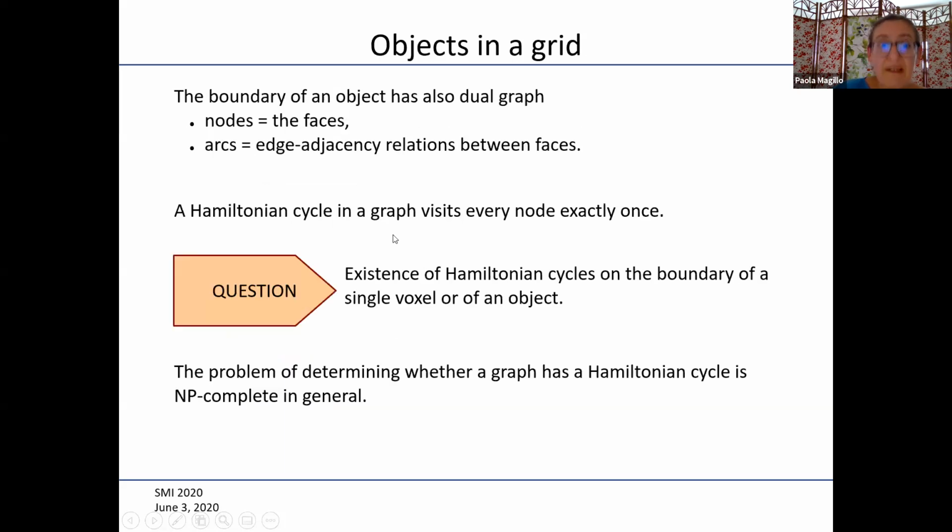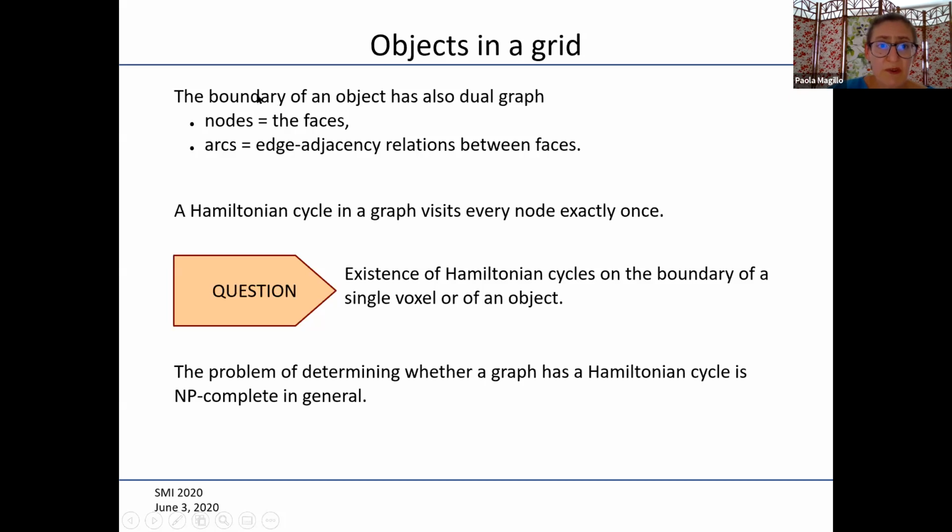And finally, we arrive at the questions we ask in this paper. The questions are about the existence of Hamiltonian cycles on the surface of voxels and objects in the FCC grid.